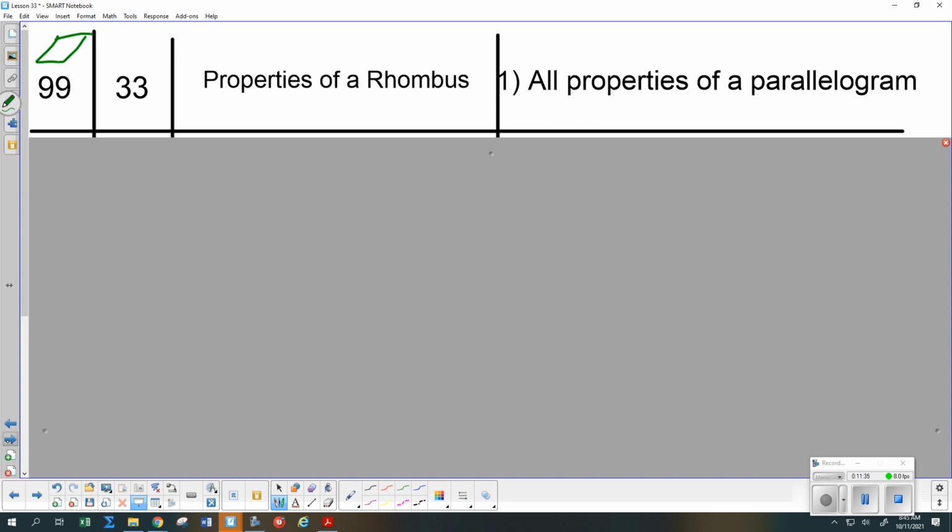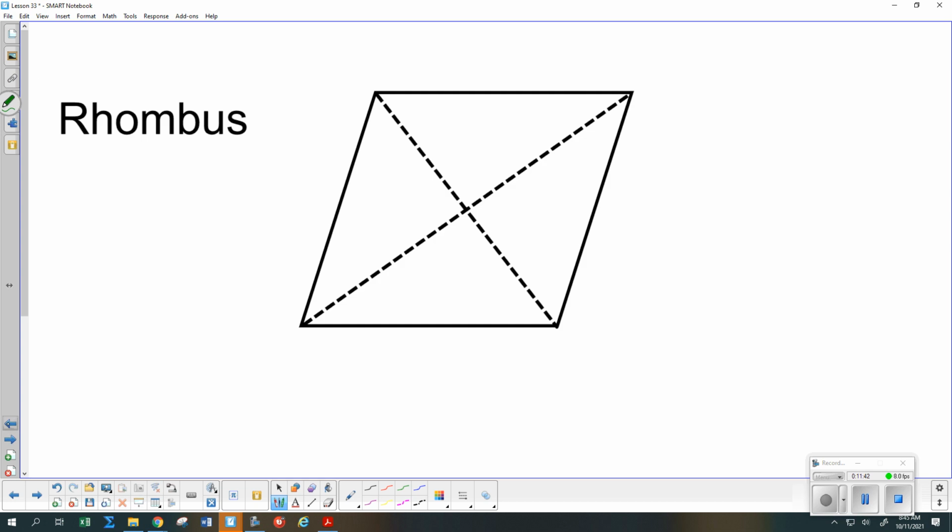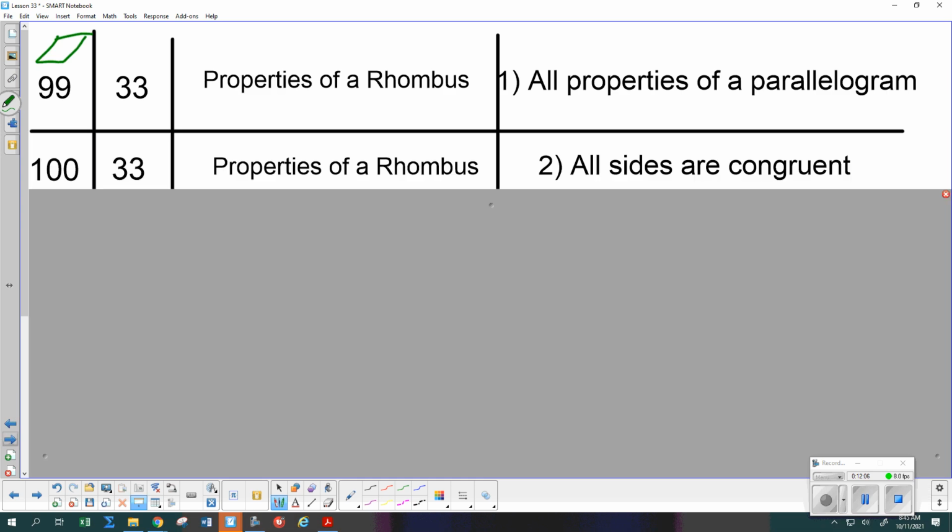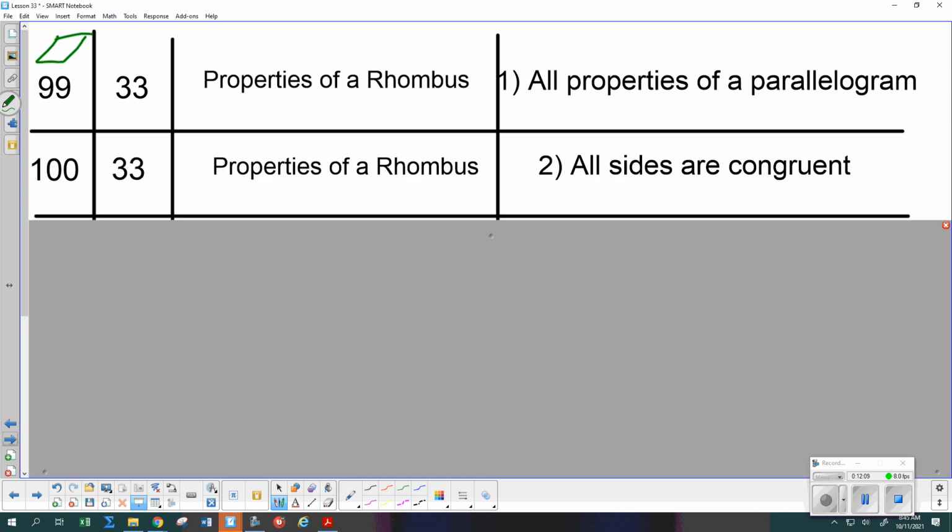So with a rhombus, everything that's true about a parallelogram is true. So my opposite sides are congruent with the parallelogram. Definition of a rhombus, two consecutive sides have to be congruent. Right, Rhea? So that means this one also has to be one tick mark, and this one also has to be one tick mark, and that's what we're used to being true for a rhombus. All of the sides have to be congruent.